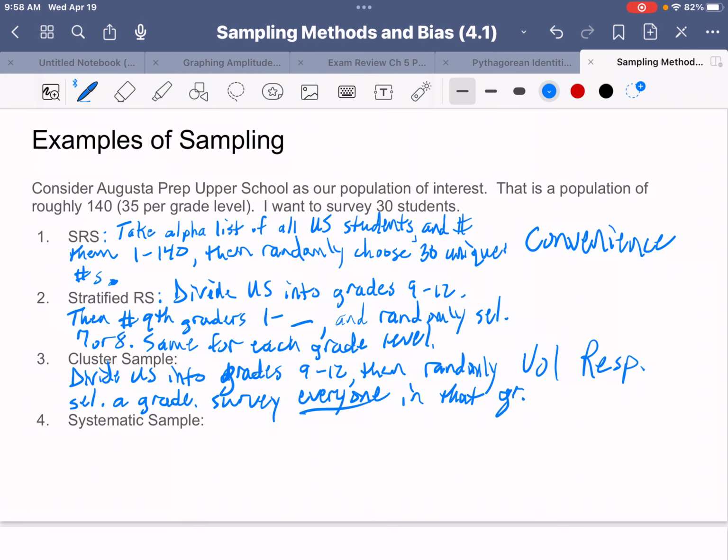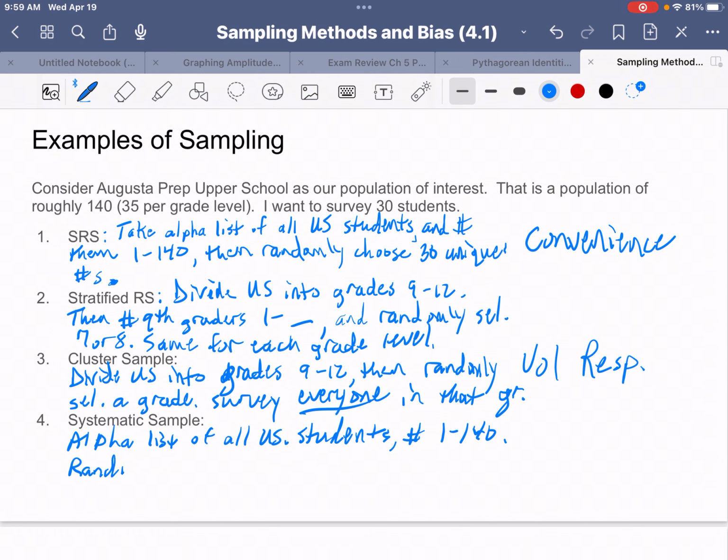Okay, systematic sample. Go back to alphabetize the list of all upper school students, number 1 through 140 or whatever, right?